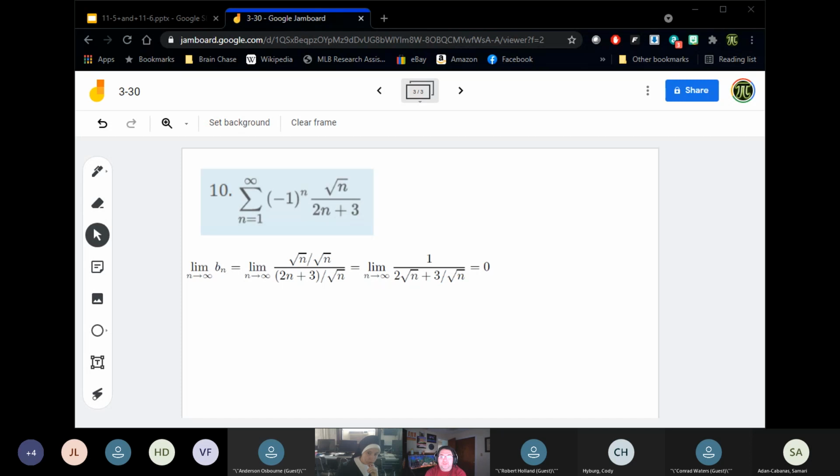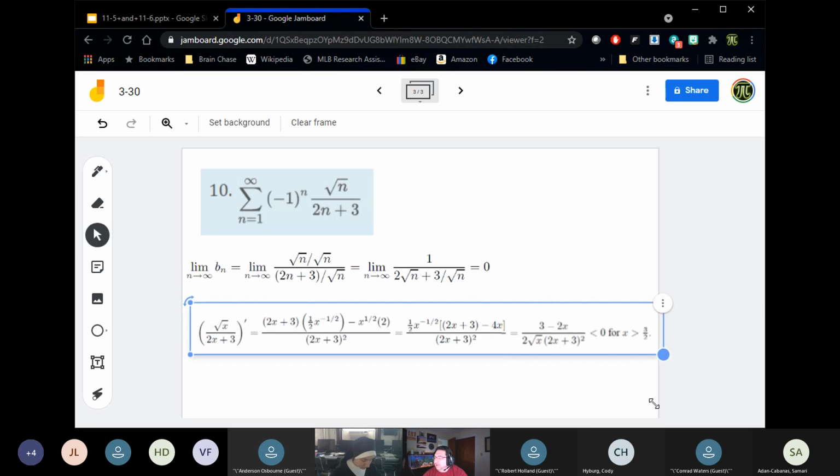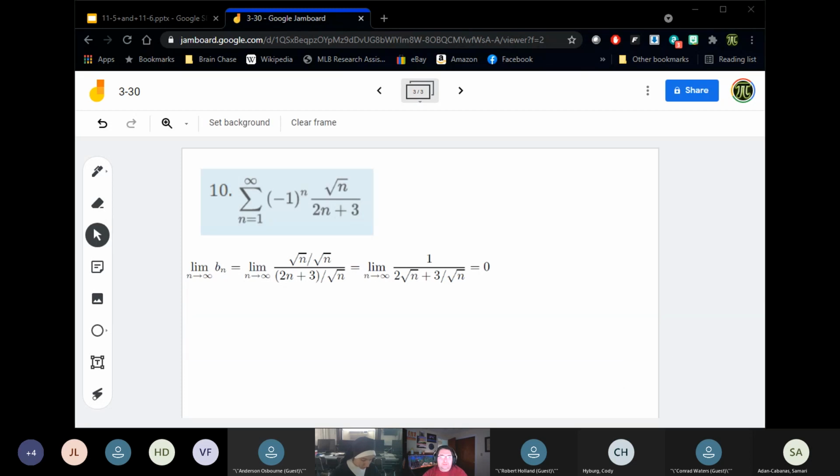So the only next piece that we have to do is we have to do the derivative, basically to figure out if it's less than 0. Smaller.